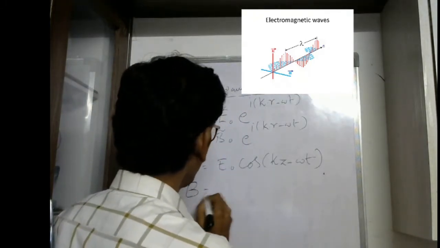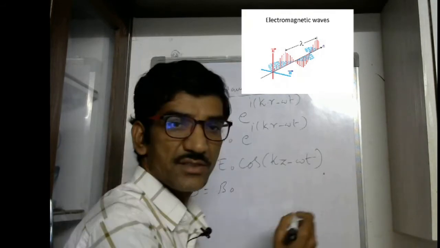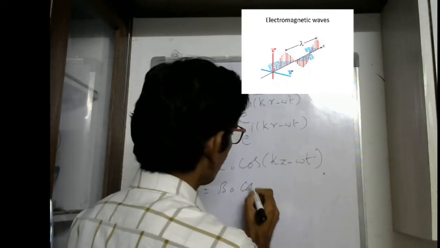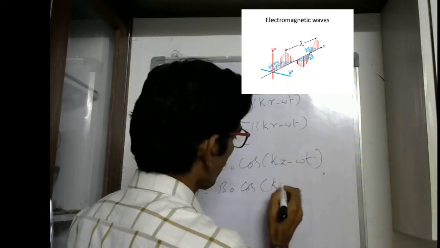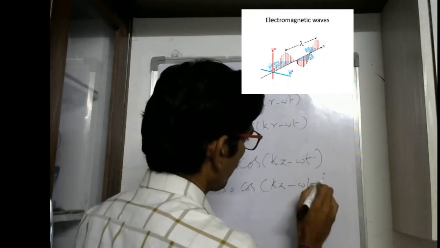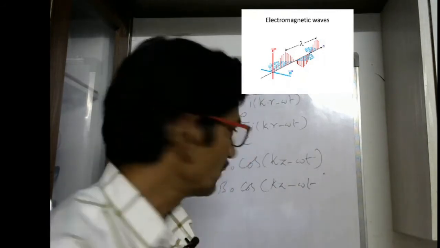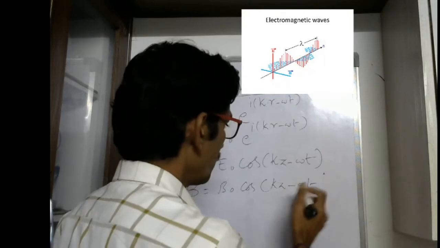Next, B is equal to B naught cos(kz minus omega t).